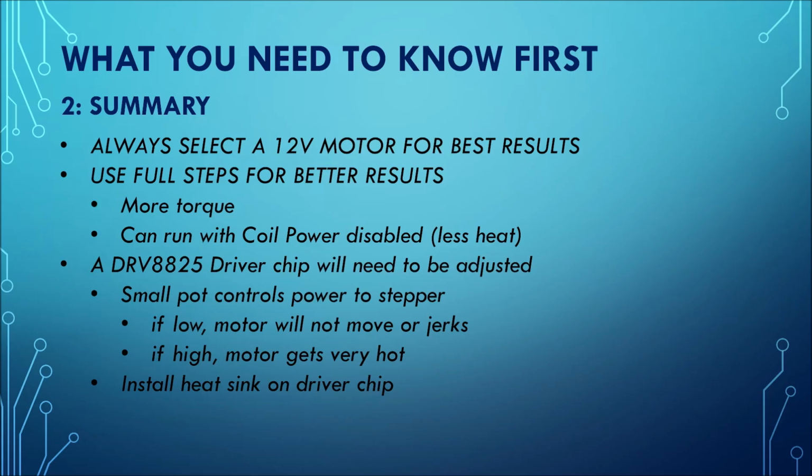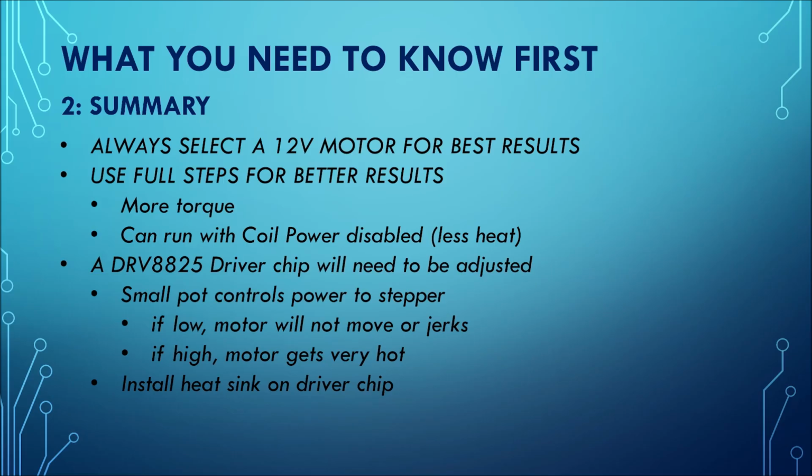And if you suddenly turn power off to the stepper motor, and a DRV8825 can do that, if you tell it to disable the coil power, what happens is the stepper motor will flip back or flip forward to wherever the nearest full step is. And that means you've now lost some steps which you can't get back.